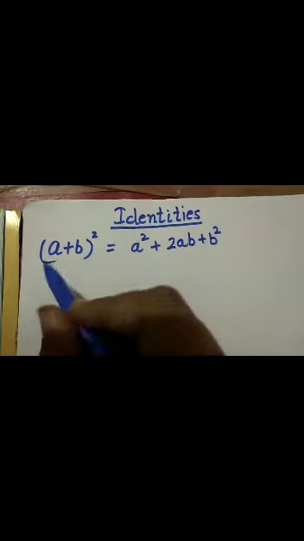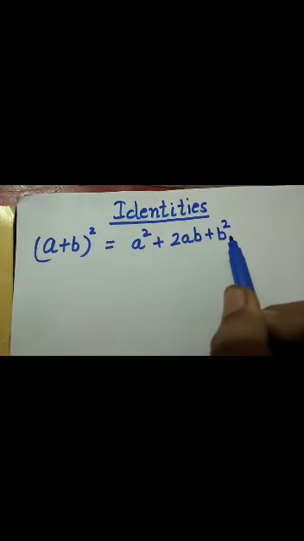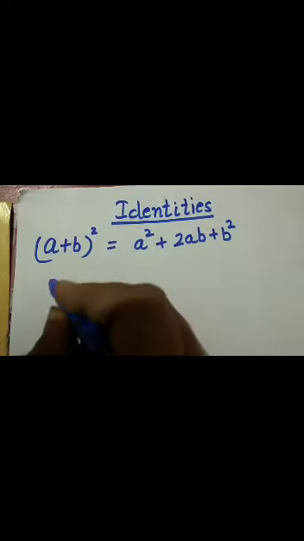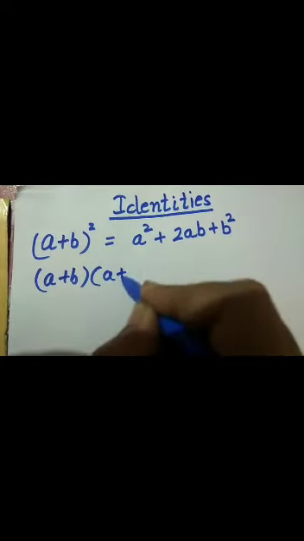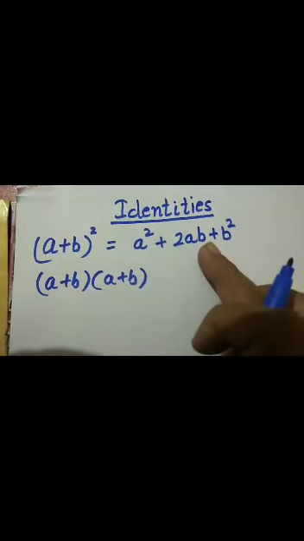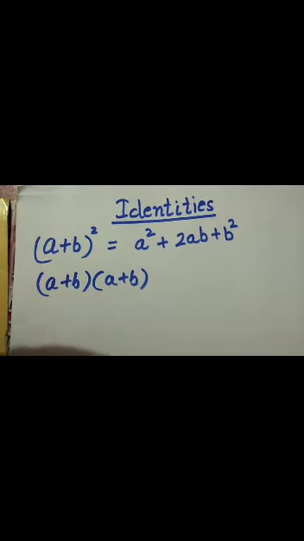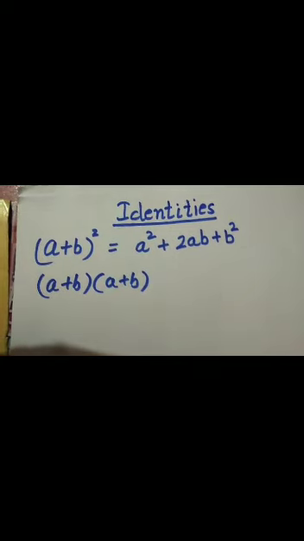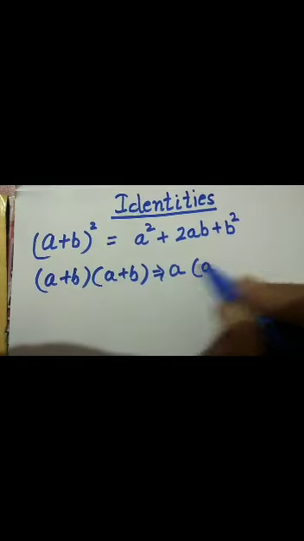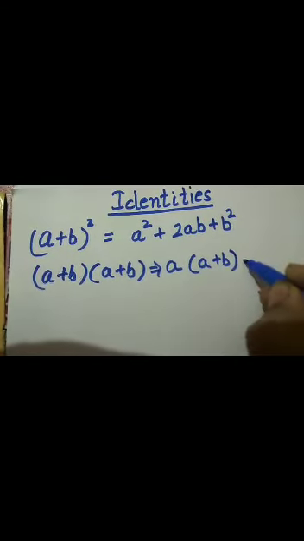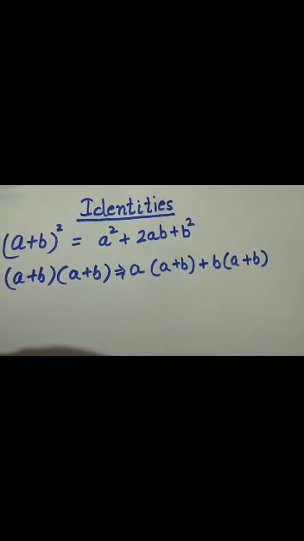Then I have written here the first identity, (a plus b) whole square is equal to a square plus 2ab plus b square. The meaning of this is that (a plus b) into (a plus b), which you have solved, means both the terms are the same. Now we'll verify this identity by multiplication. We multiply a with the second binomial, then b again with the second binomial.